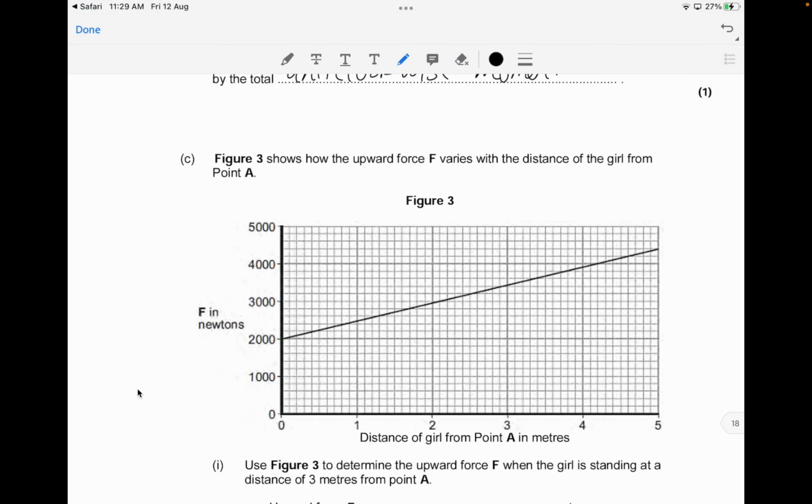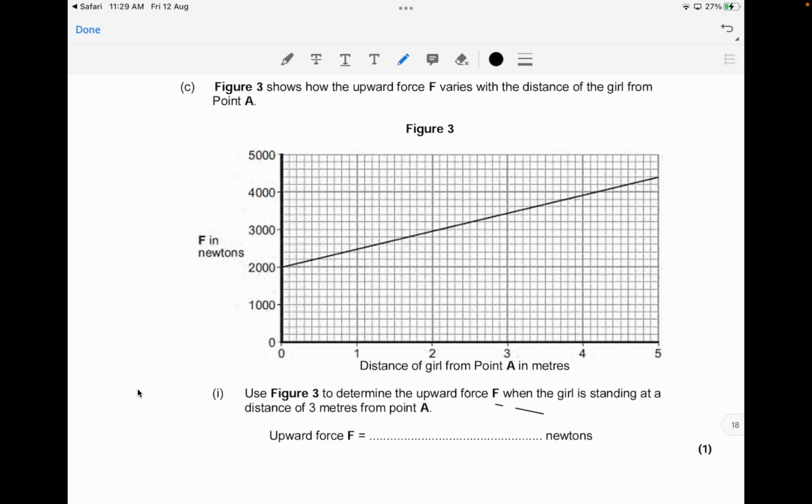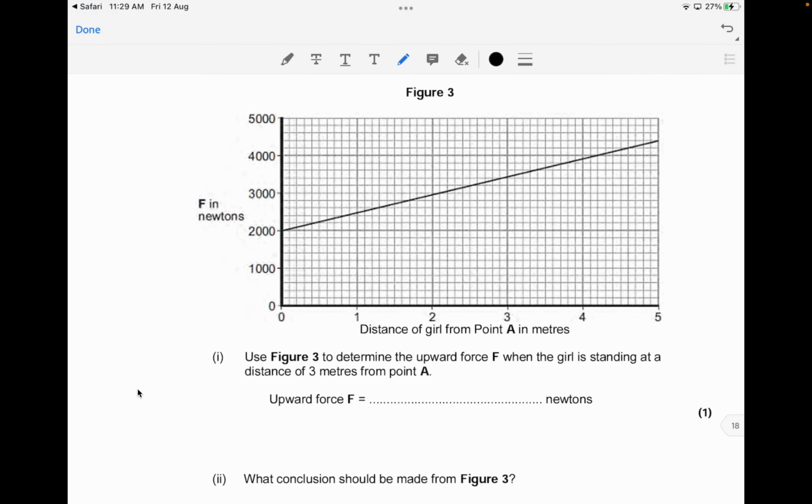Now the next question shows an upward force varying with the distance of the person from point A. You need the upward force when the girl is standing at a distance of 3 meters. So the upward force is roughly, if you divide 1000 by, let's say, 5 squares, that is going to give you a value of about 200 newtons per square.